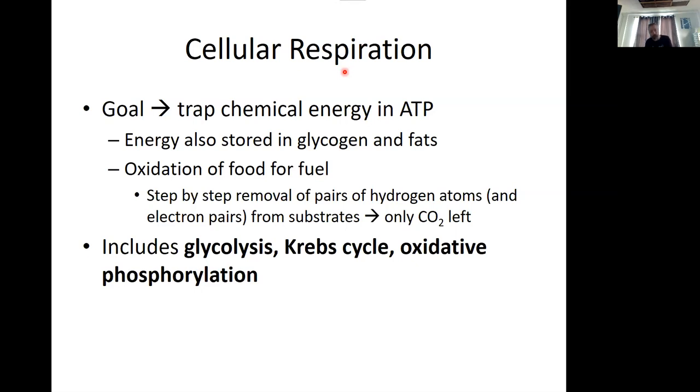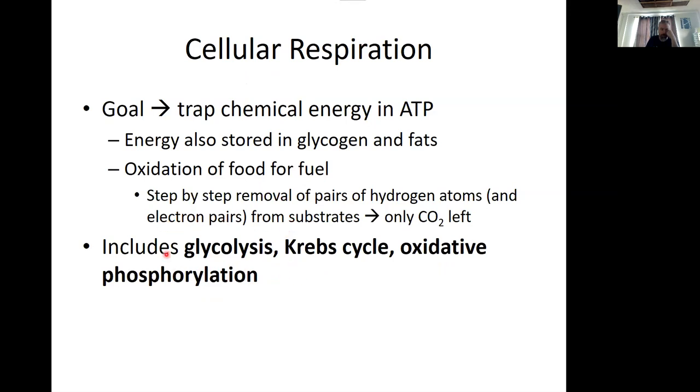Again, we've talked about some of these steps along the way, maybe not in as much detail as we're going to now, but hopefully some of this will be a little bit of review. The processes in cellular respiration include glycolysis, the Krebs cycle, and this oxidative phosphorylation step.